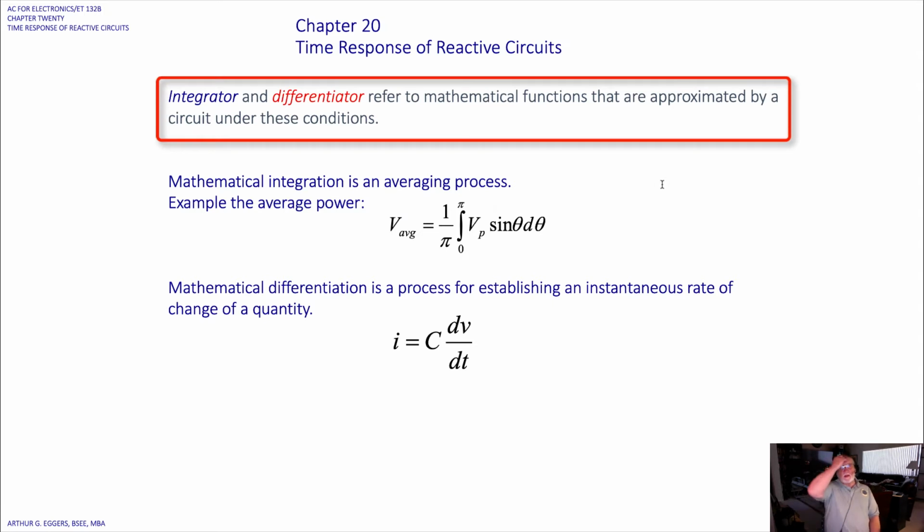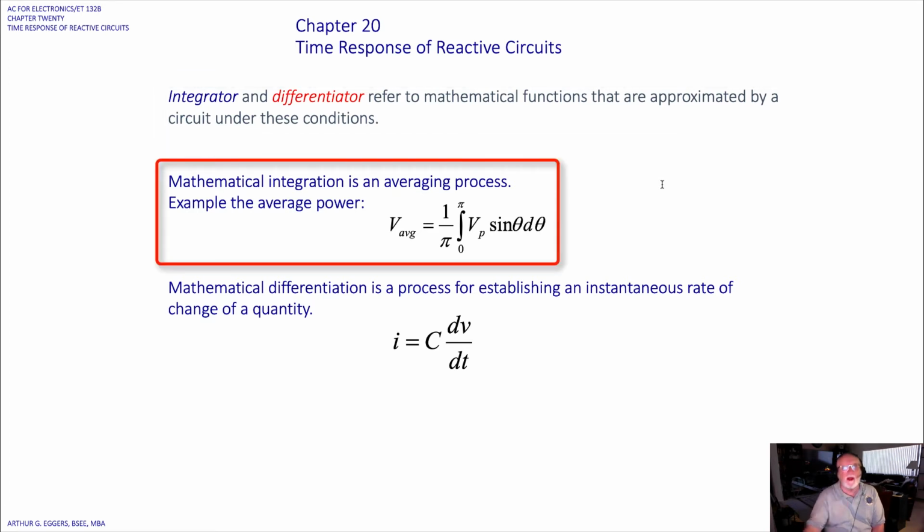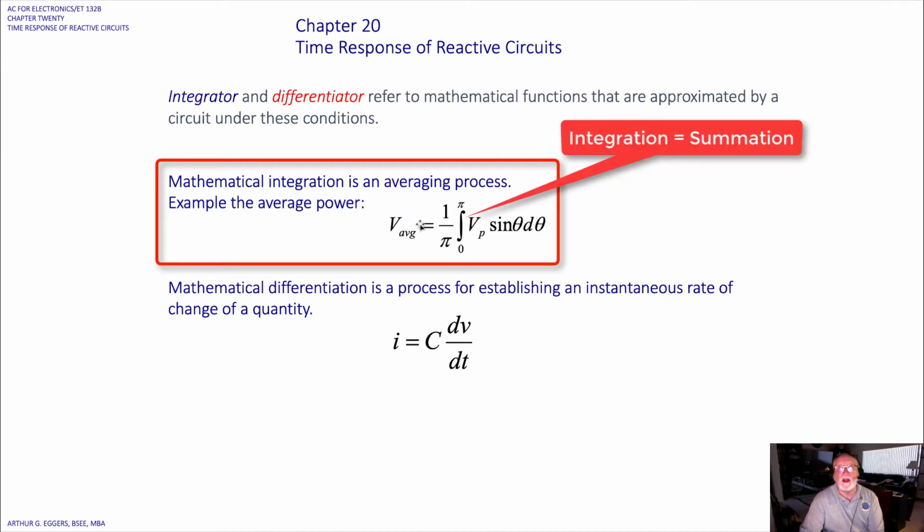So if we look at integrators and differentiators in their mathematical form, the integrator and the differentiator then refer to functions that are approximated by the circuit under these conditions. For the first one, the integrator, the mathematical integration then is the averaging process that occurs. The example in this case is the average power. If we look at calculating the power as the area under the curve, we understand that we can only do this for 1/2 cycle, so 1 over pi.